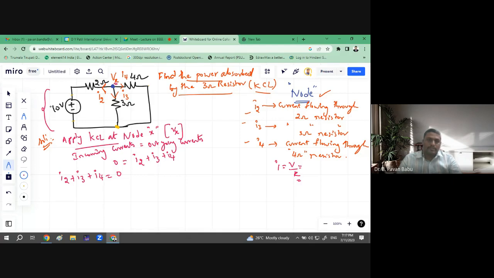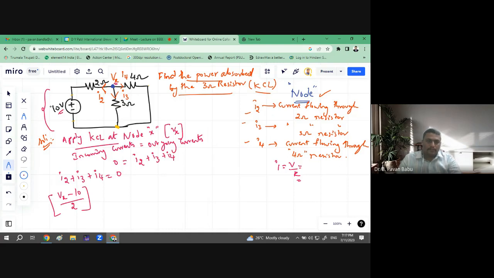This 2 ohm resistor is connected between Vx and the 10 volt voltage source. So I2 equals Vx minus 10 by 2.